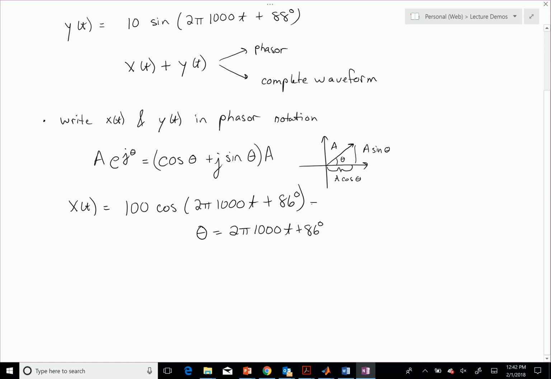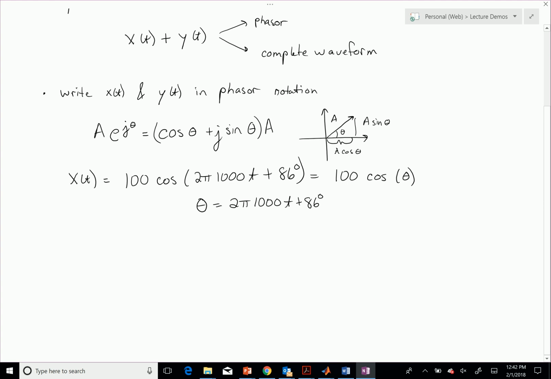That means I can rewrite this as 100 cosine of theta. Now, the important thing: how do I relate this to phasors? Well, if I go back to my original Euler's identity, the real part of A e to the j theta is A cosine theta.